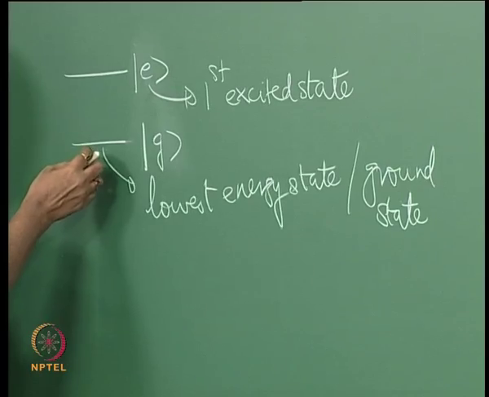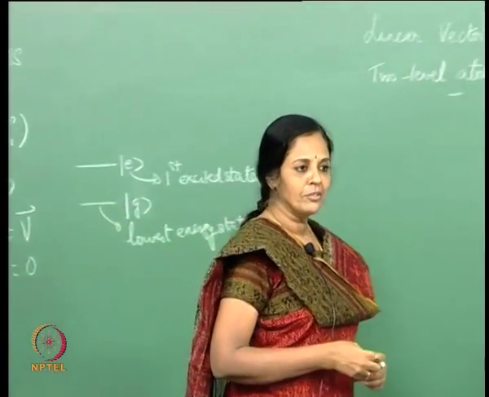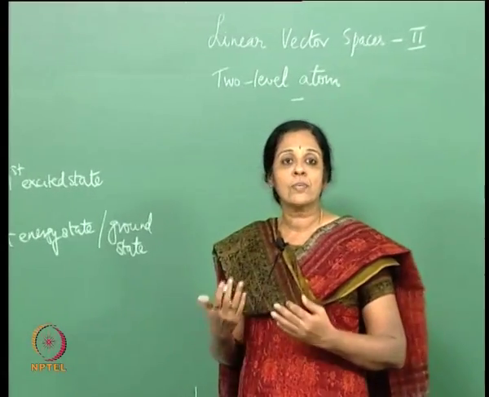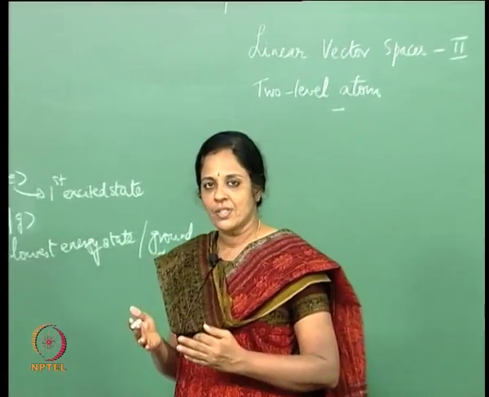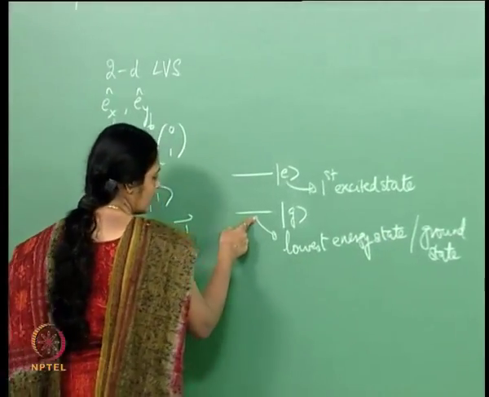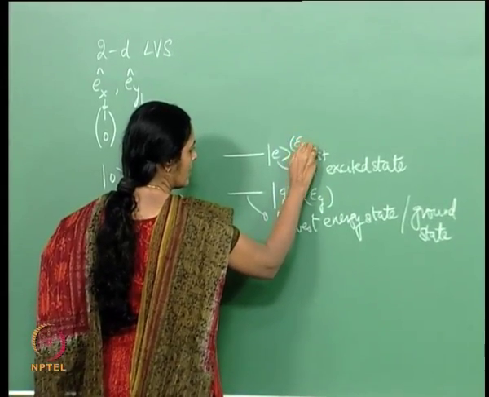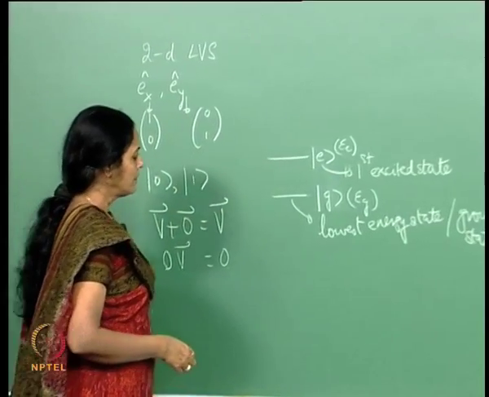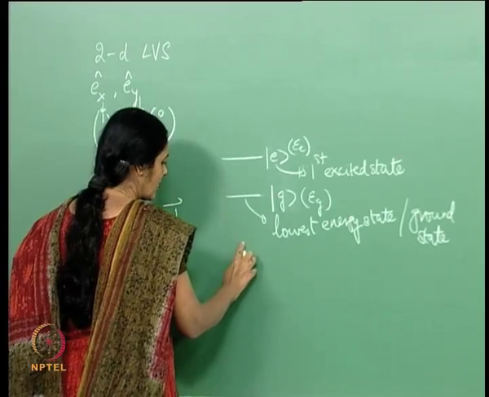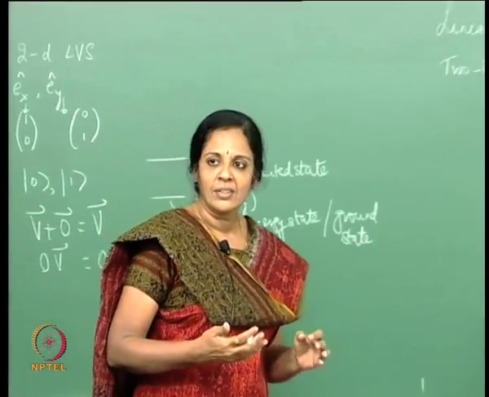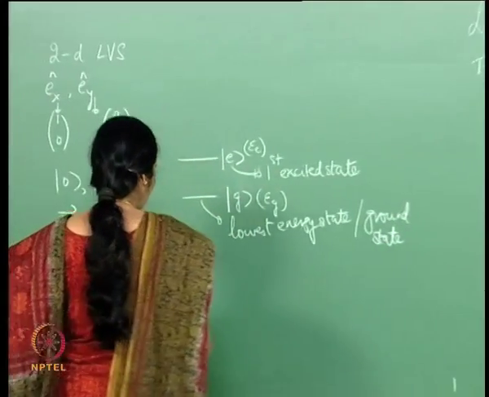The point that I am trying to make is that if energy is the observable in the system, which is indeed the way we are going to work with it, once a measurement is made on the energy, the system collapses either to this state with an energy eigenvalue E sub G, or to this state with an energy eigenvalue E sub E. Denoting by H the observable energy, I have used H because H is the Hamiltonian, and from classical physics you would know that the Hamiltonian operator would represent the total energy of the system.